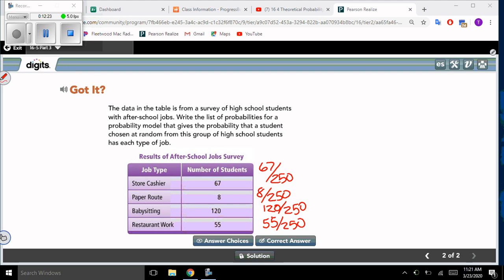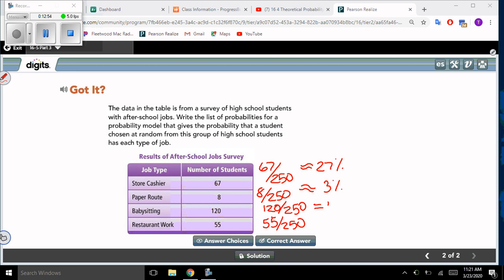So if we calculate those out, 67 divided by 250 is approximately 27%. 8 out of 250, if I divide that out, is approximately what? 3.2%, or 3%. 120 over 250 is about 48%.